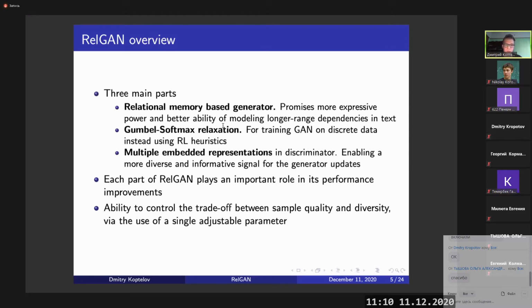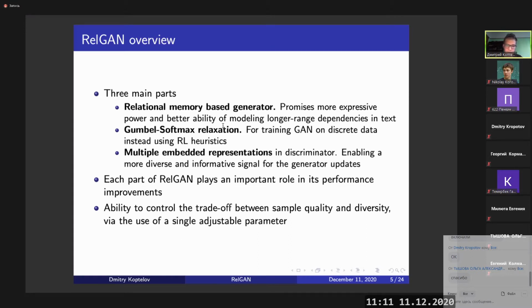It has three main parts: a relational memory-based generator instead of the LSTM that's usually used in GANs, Gumbel-softmax relaxation instead of REINFORCE, and multiple embedded representations in the discriminator. They also showed that each of these parts plays an important role in the performance of the network.